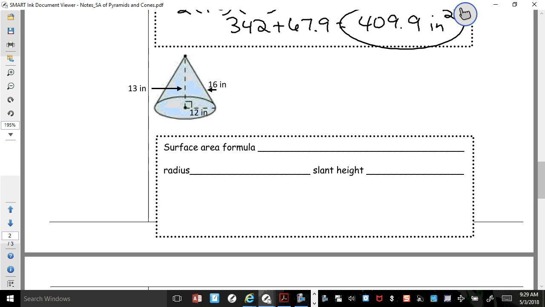All right, so let's talk about this one. Should be a little easier, right? On your formula sheet, what's the formula for surface area? Pi r squared plus pi rl.